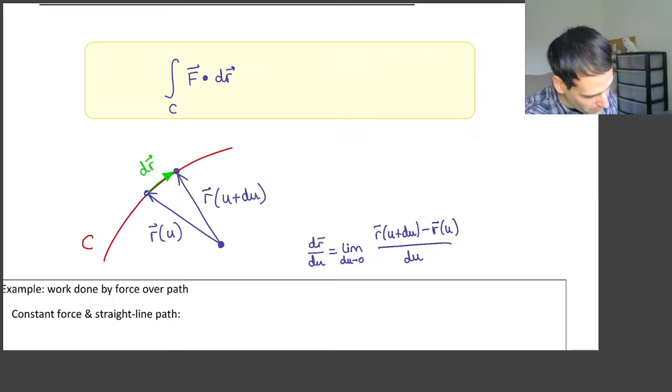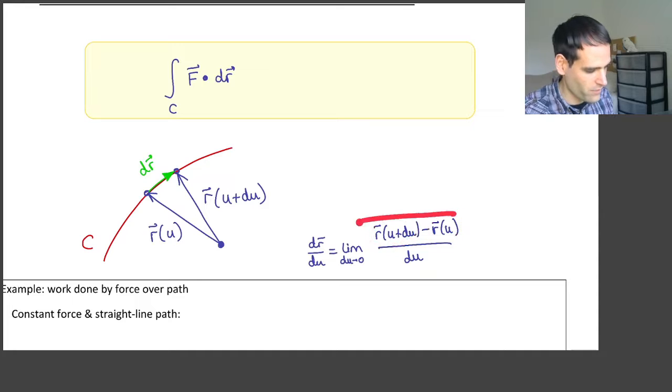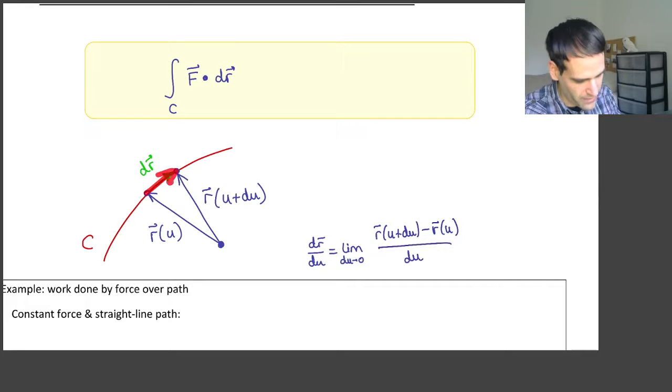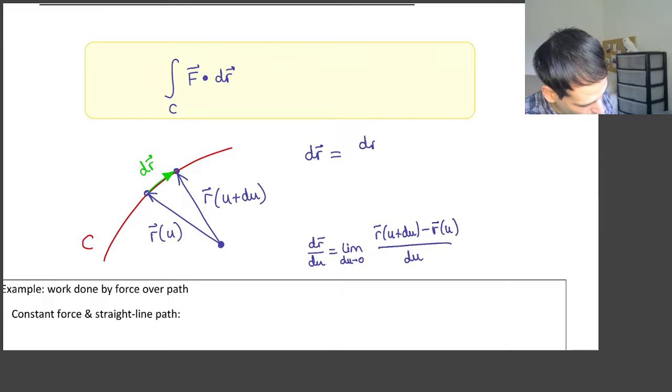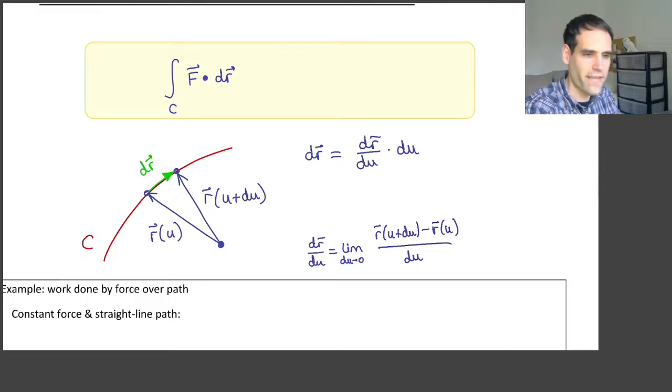So of course, if you multiply this by du, you are canceling this out. So you end up with this differential vector, which is the vector that points from r of u to r of u plus du, because this is a subtraction of two vectors. So it's this green vector here. So this is exactly dr. So dr is defined as dr over du multiplied by du.